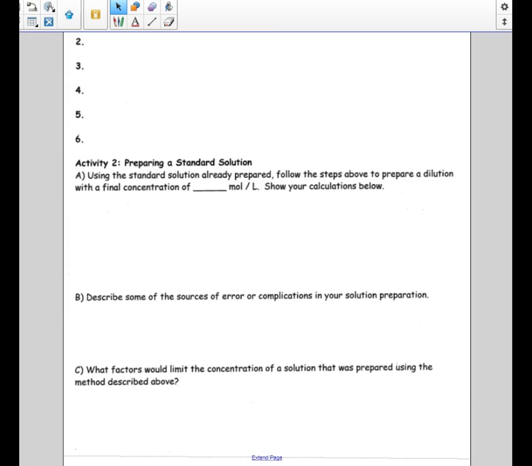As far as limiting factors, the final concentration obviously can't be even equal to the concentration of the initial solution. So the limit to the concentration there of the solution using that method would be the extent of the dilution.